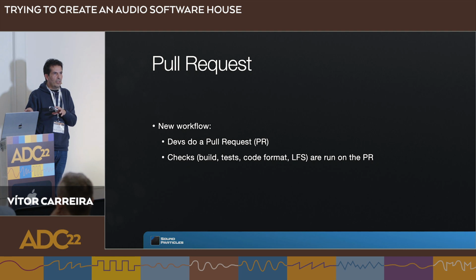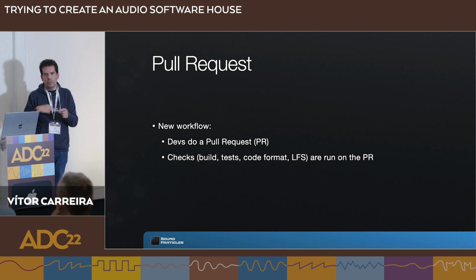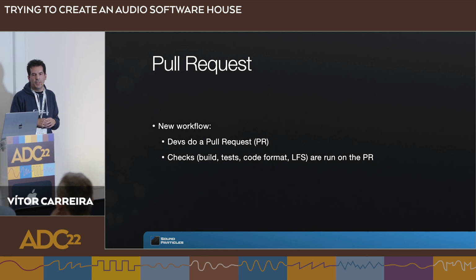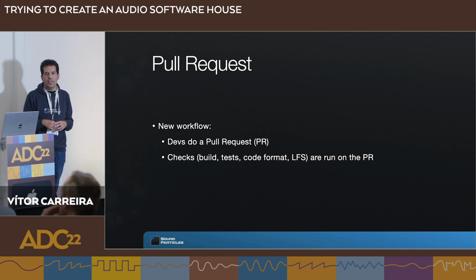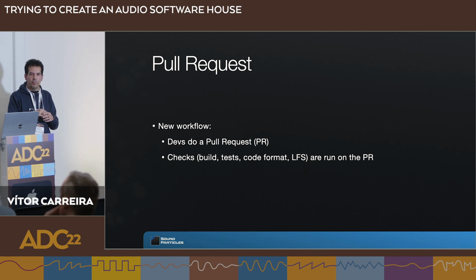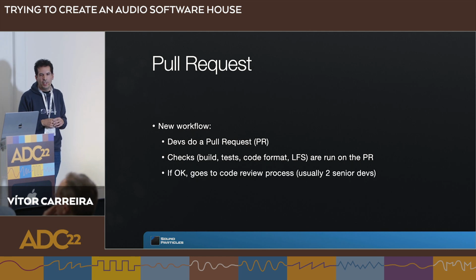That was a problem for us, because developers forgot to add new files to the LFS, and they would appear in the Git version control. Then it tests if the code builds on both platforms, and if it passes all the checks, the final step is to run the tests.